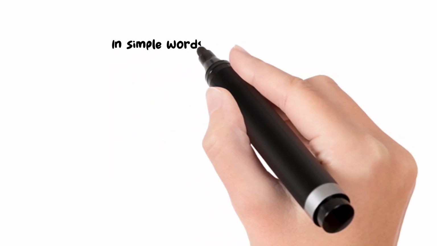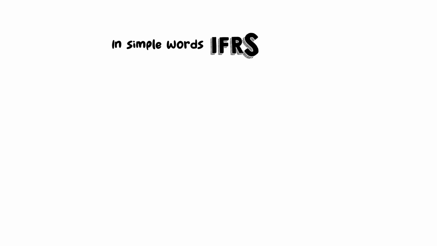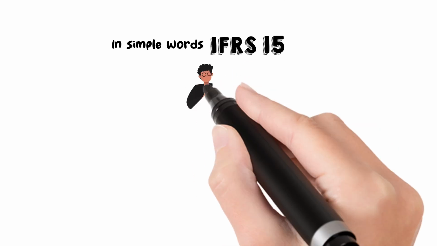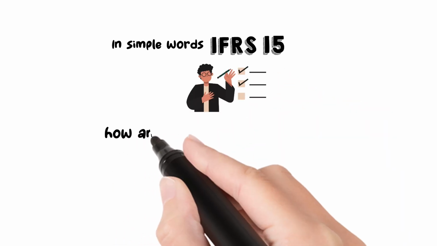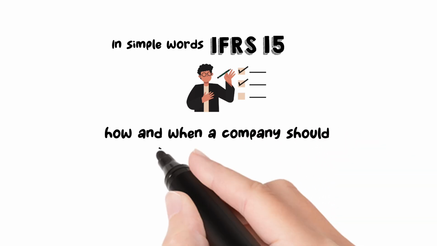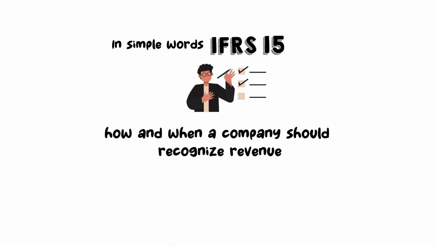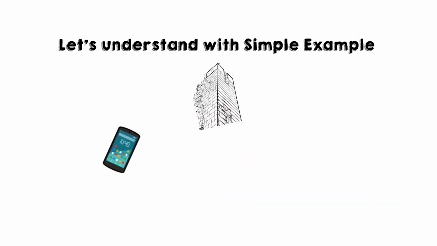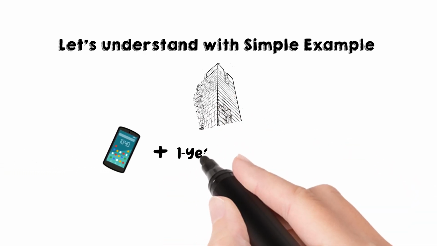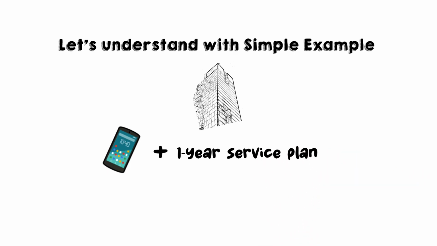In simple words, IFRS 15 explains how and when a company should recognize revenue, sales income. Let's understand with a simple example. A company sells a mobile phone plus a 1-year service plan. Total price $1,000.